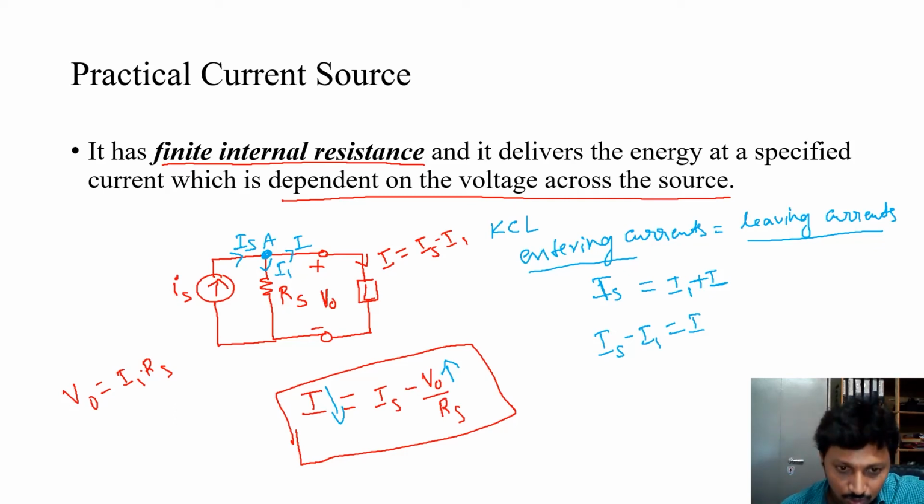Because if the drop increases, it will subtract from Is, so this will reduce, and eventually this will also reduce. So here, this current is dependent on the voltage across the source. If this voltage increases, this current will decrease.